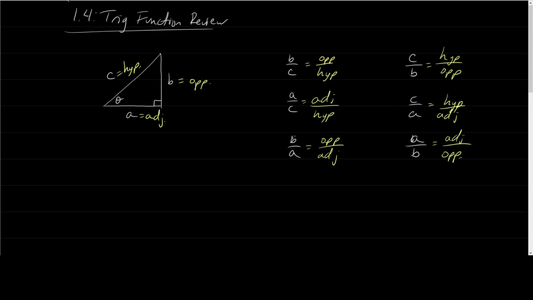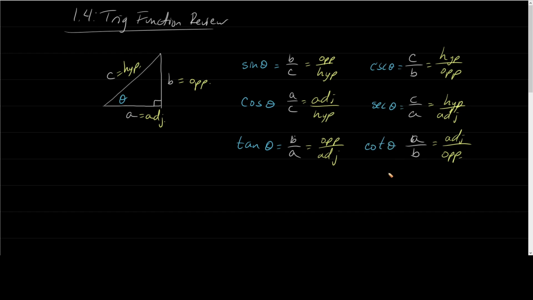Now, if I think about this data down here, all right, if I think about this data that I just recolored in blue, what we can say here is we can rename all these as sine theta, cosine theta, tangent theta, cosecant theta, secant theta, and cotangent theta.